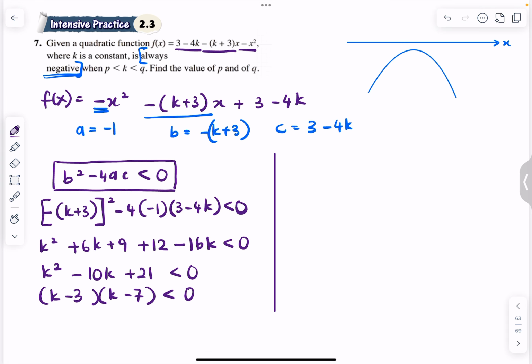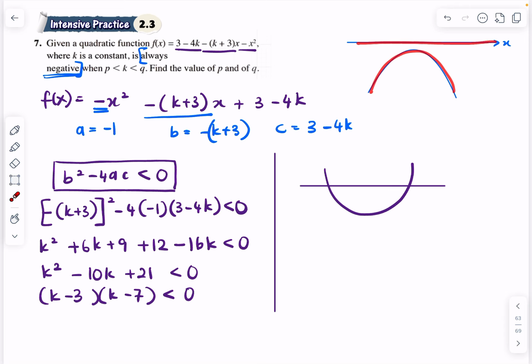Right. Now we have to draw a smiley face. Remember this one is just to solve the quadratic inequality. It has nothing to do with the question. So even though the question is like this and like that, to solve the quadratic inequality, we must always draw the same type of graph.